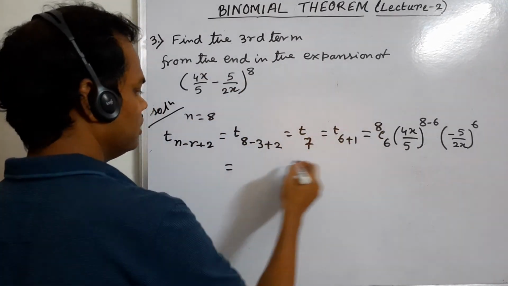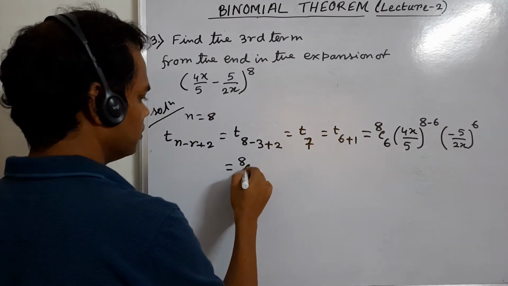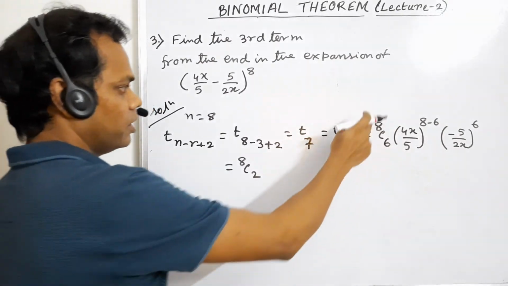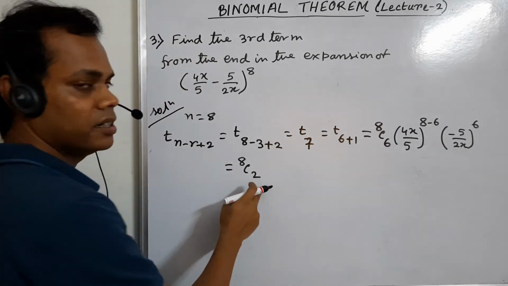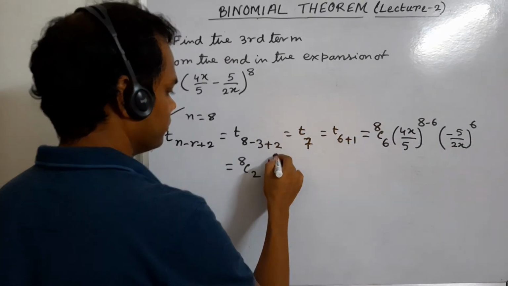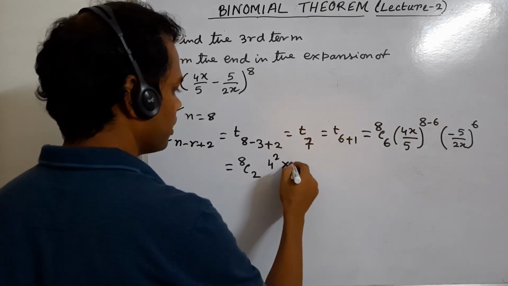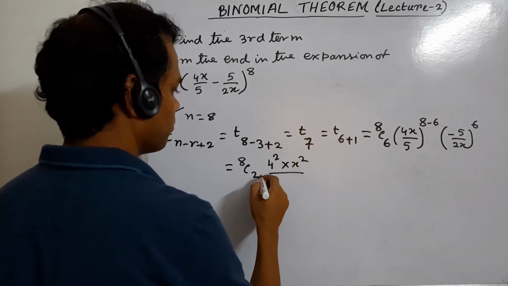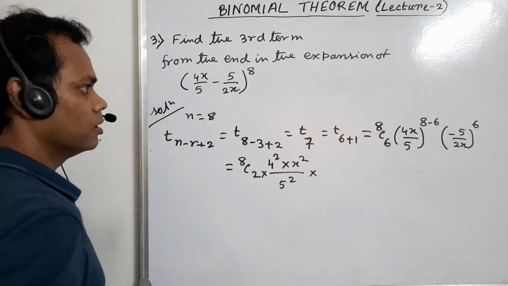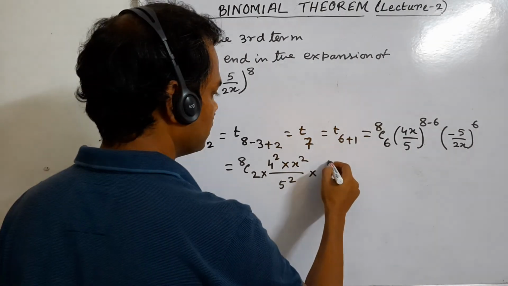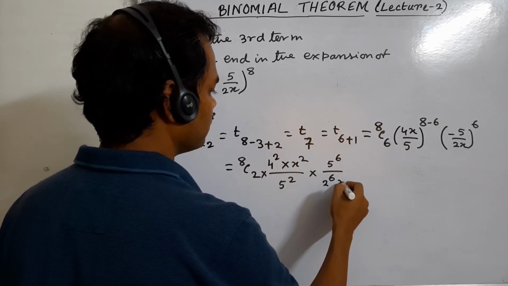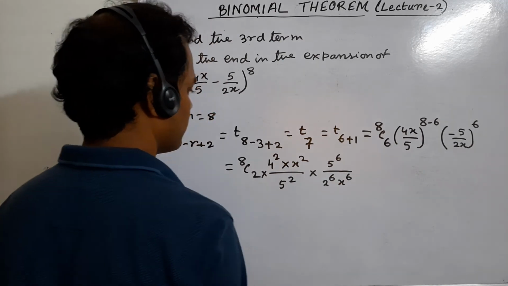So 8C6 is 8C2 by the property nCr equals nC(n minus r). So 8C6 equals 8C(8 minus 6), so 8C2, and 4 squared, since 8 minus 6 is 2, into x squared by 5 squared, into (minus 5) to the power 6, which is 5 to the power 6 by 2 to the power 6 into x to the power 6.